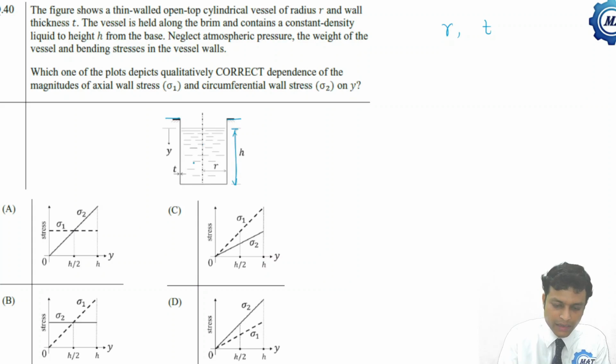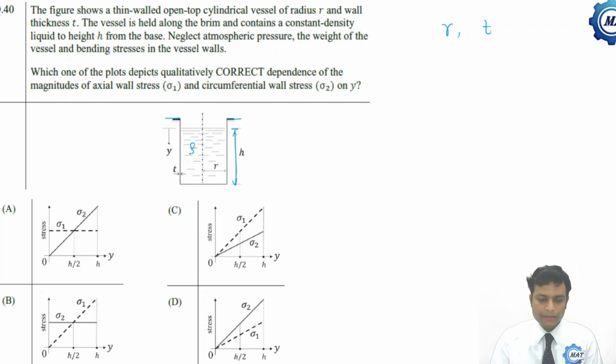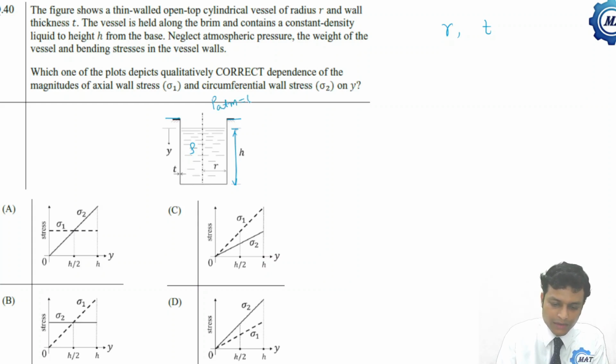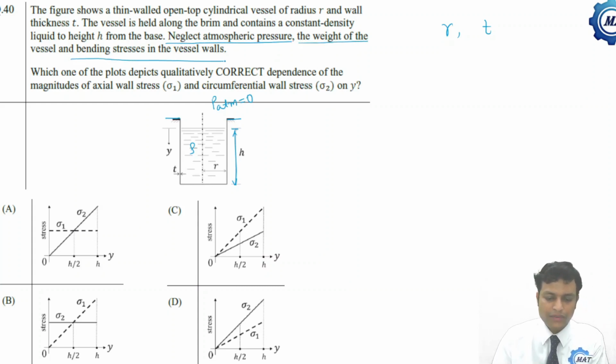Say the liquid density is rho. Neglect atmospheric pressure, that is P atmospheric is 0 here. Neglect the weight of the vessel and bending stress in the vessel walls.